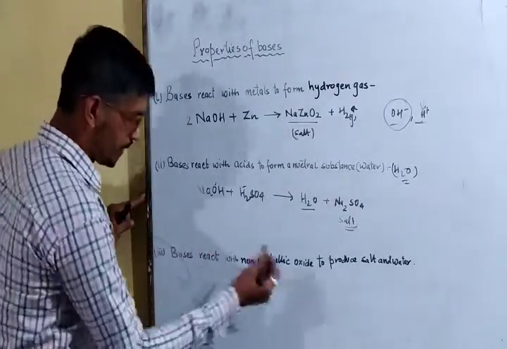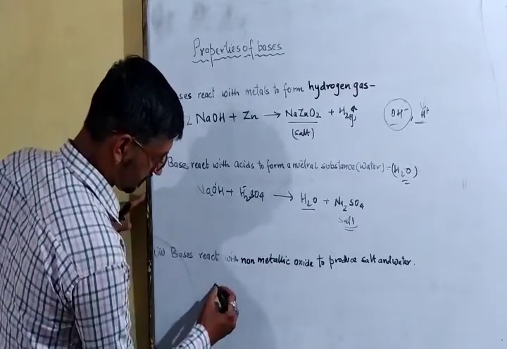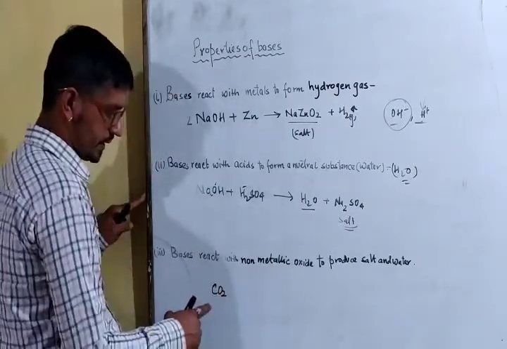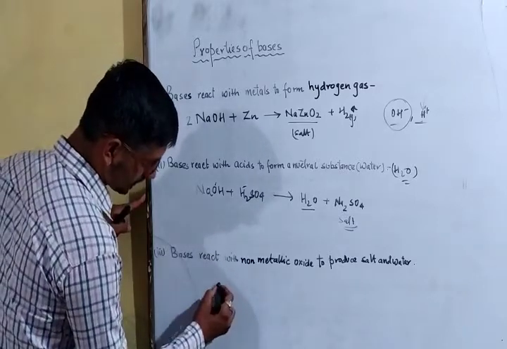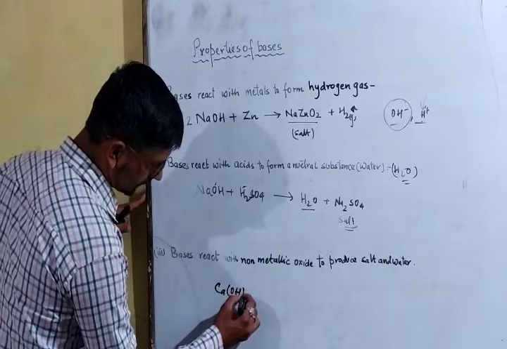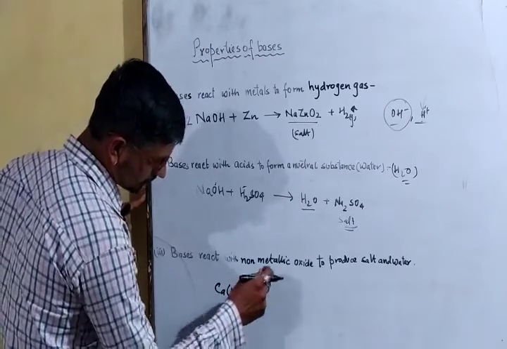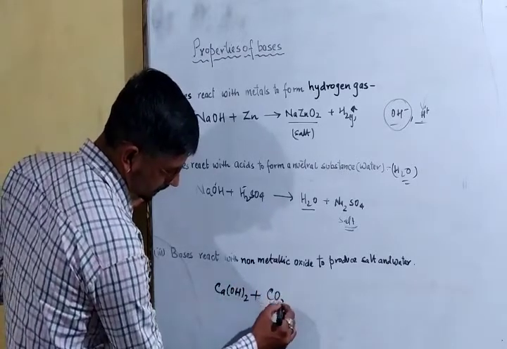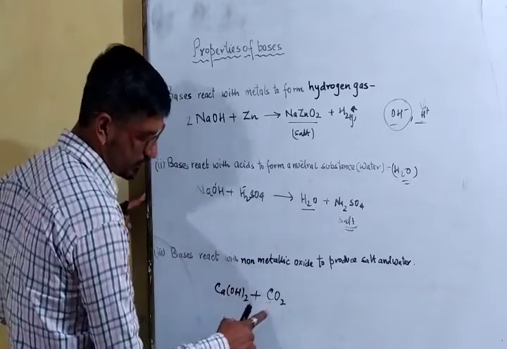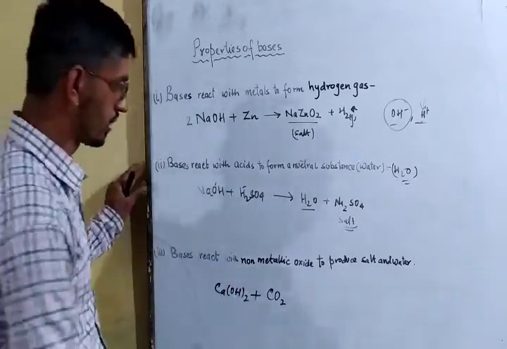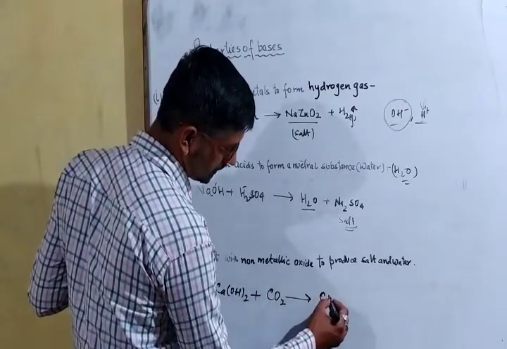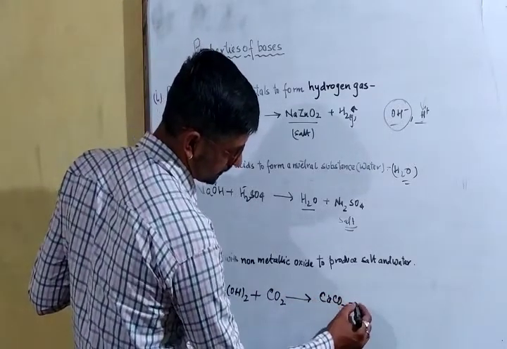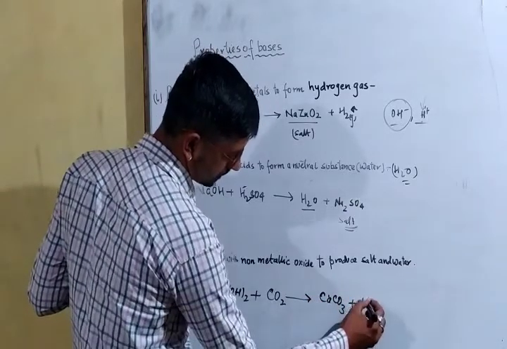Now the non-metallic oxide first. Base reacts with it, so first we will write the base: Ca(OH)2. When it reacts with a non-metallic oxide, carbon is a non-metal and an oxide of carbon will be known as a non-metallic oxide. When they react, it will form calcium carbonate plus water.